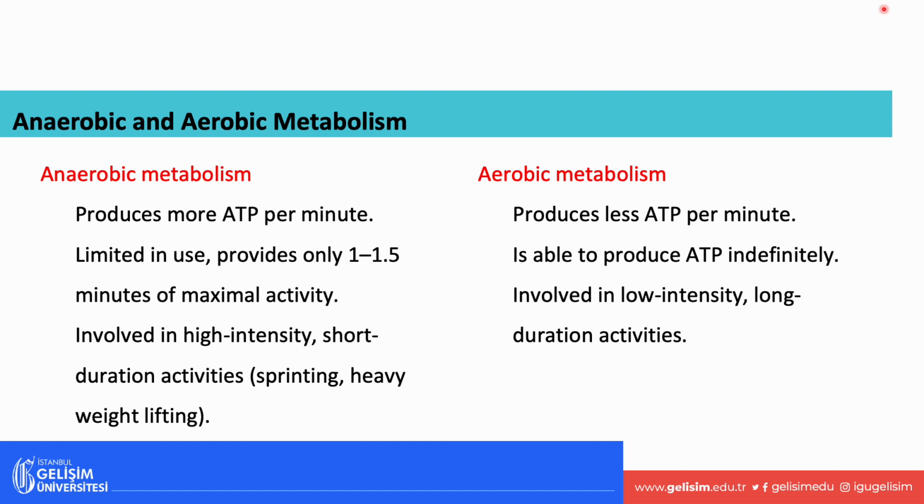And it's mainly involved in low intensity, long duration activities like jogging or cycling, or swimming for that matter. So again, aerobic metabolism is important for activities that require endurance as well as stamina.